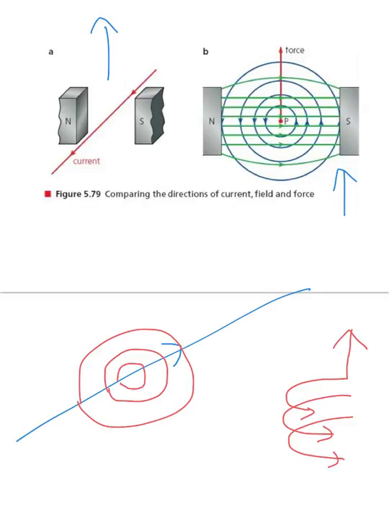So depending on the direction of the current, your thumb either points up or it points down and it shows you the direction. So in here, what we have is current coming out of the screen, and if you use your right hand thumb rule, you will see that the direction of the magnetic field is counterclockwise.